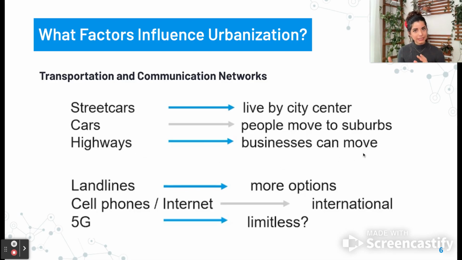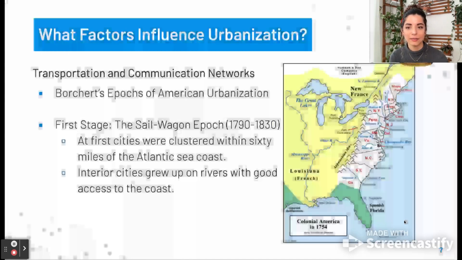So businesses can move and then people can move even further out since we have a higher speed connection. And then in terms of communication, we have landlines that gave people more options to be able to go places and still be in communication. And then cell phones and internet, absolutely international. 5G or whatever else comes up next will also help us with that connectedness.